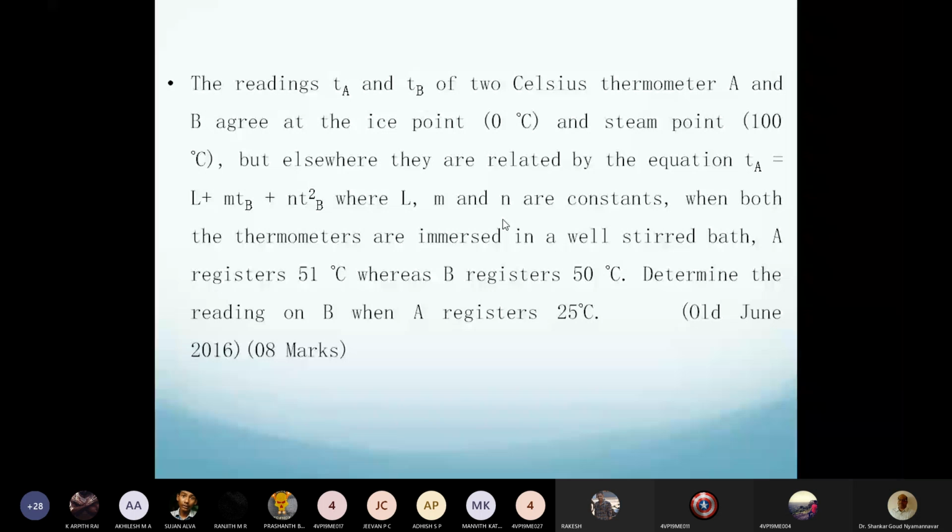Is equal to, m gets cancelled, 0. Then 100n minus 50n, so that will be 50n, correct? So therefore 50n will be equal to 1 minus 51 by 50, which becomes minus 1 by 50. So therefore n will be equal to minus 1 by 50 whole square. Can you write like that?